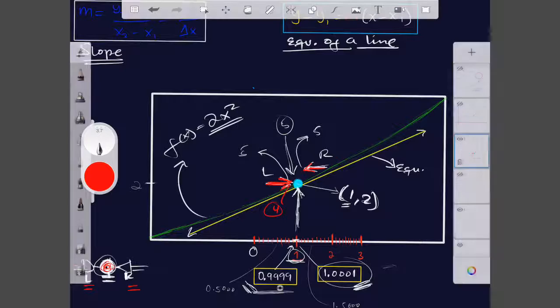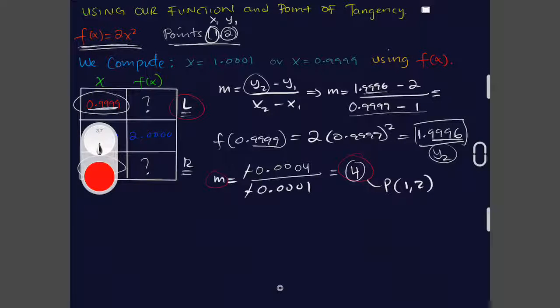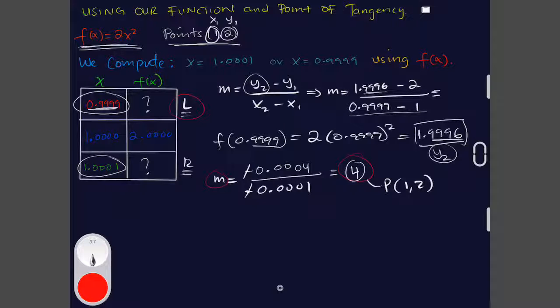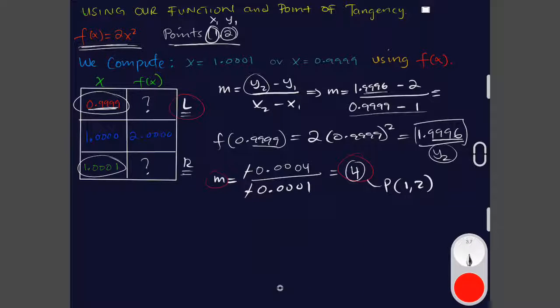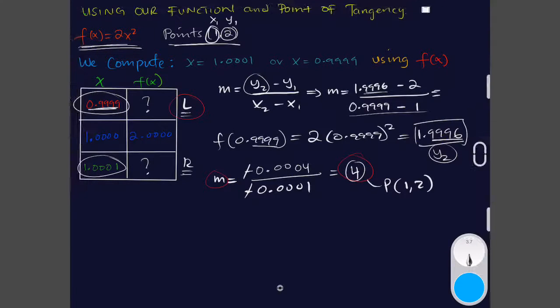So we go back and we first want to get the value of our function at this value. So we're testing the right side now.